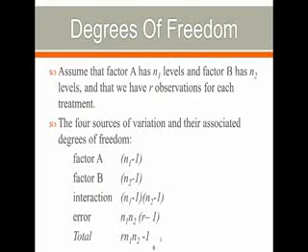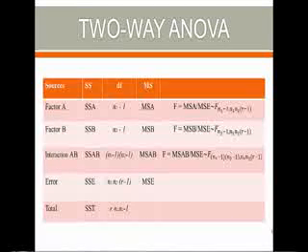And for the total degrees of freedom, we remember it is always the total number of observations minus 1. How many do we have? We have N1 levels for treatment A, N2 levels for treatment B, and R observations in each cell. Therefore, it's R multiplied by N1 multiplied by N2, minus 1.